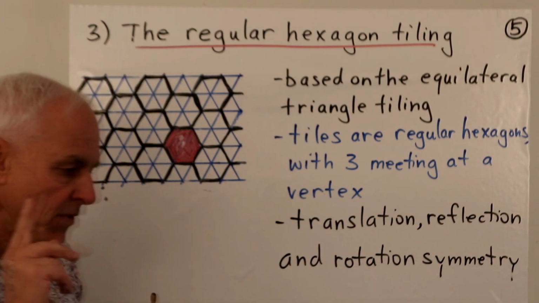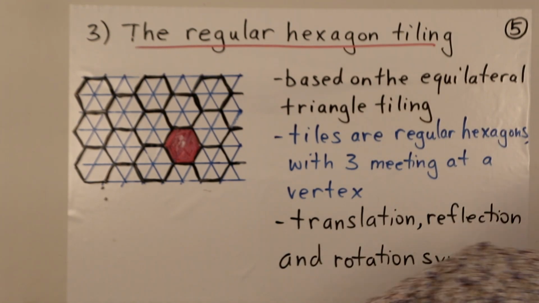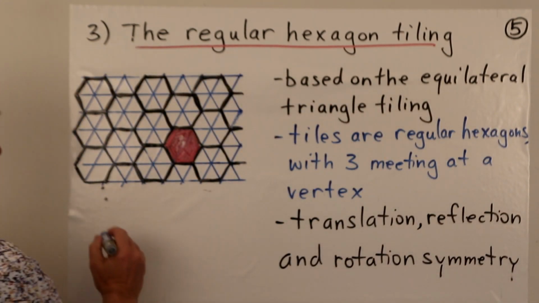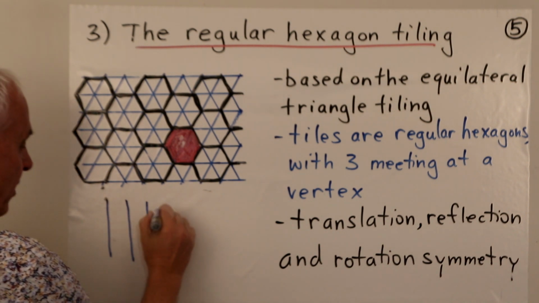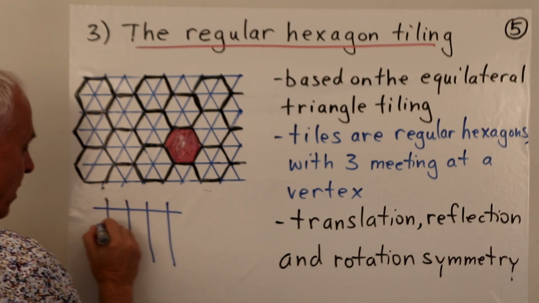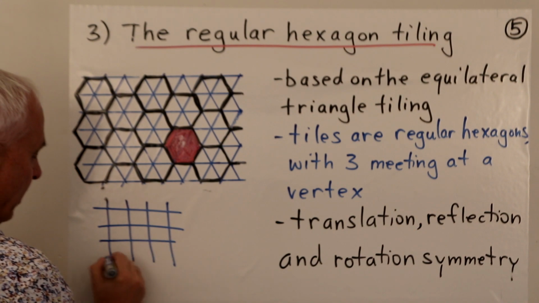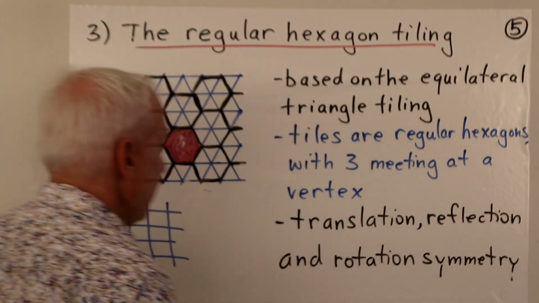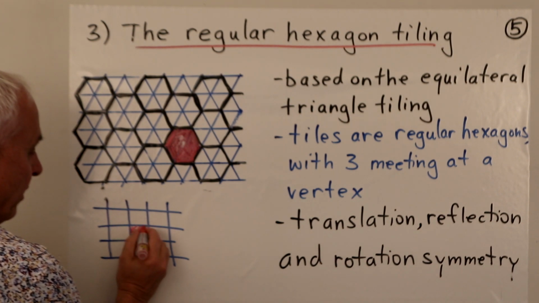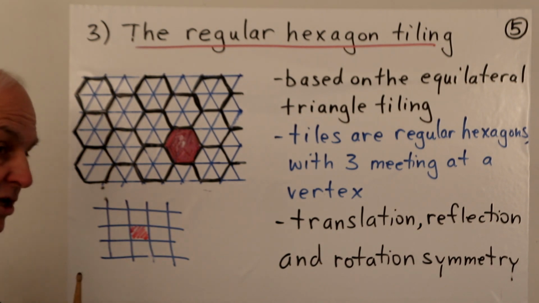Now, consider how that relates to the square tiling. In the square tiling, we had a situation like this. Something like this. And so suppose that we are asking the same kind of question about this particular square tile.